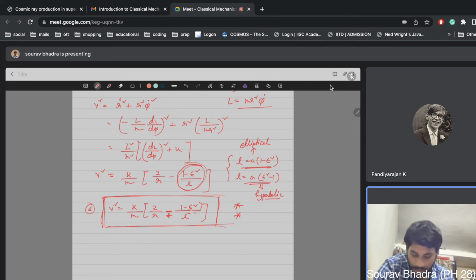And if we write it in a more compact way, then it will give you 2 by r minus plus 1 by a. This minus plus sign comes from whether you are putting 1 minus epsilon square or epsilon square minus 1.